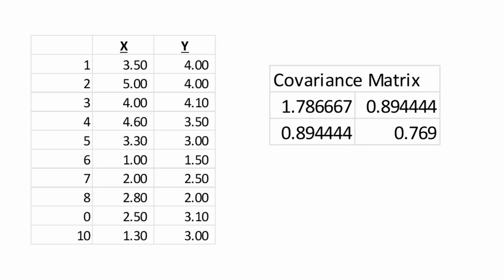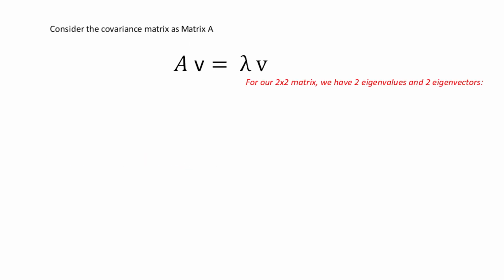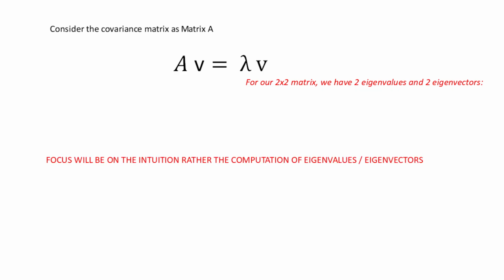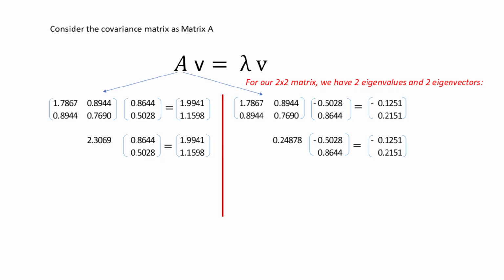Working on our example x versus y, we have the covariance matrix shown here. Now for our 2 by 2 matrix, we have two eigenvalues and two eigenvectors. By the way, the focus here will be on the intuition rather than the computation of eigenvalues and eigenvectors. Alright, so we now break down A into the two eigenvalues as follows with their corresponding eigenvectors.